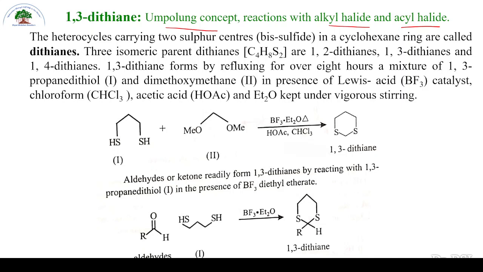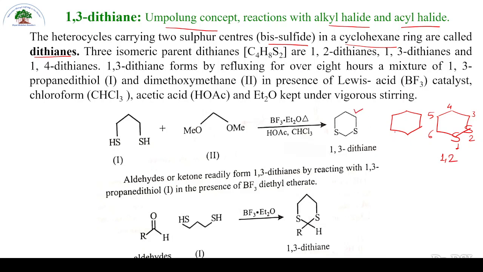The heterocycles carrying two sulfur centers, bis sulfides in a cyclohexane ring, are called dithianes. So there are different dithianes. Here, this is a cyclohexane ring. If two S are adjacent at the 1, 2 position, then this is known as 1,2-dithiane.